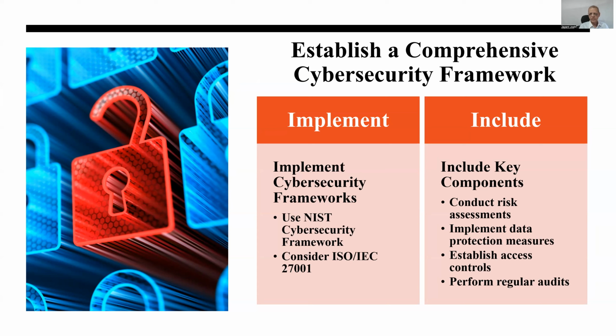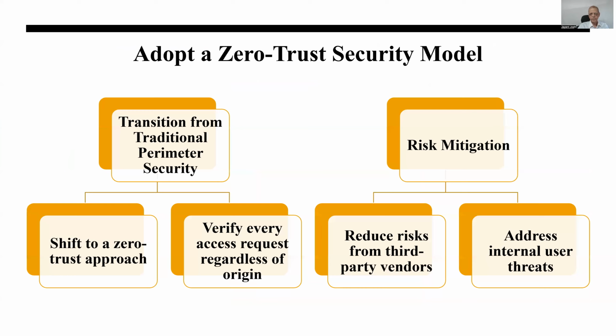Those are the things which we have to follow. And that includes key components: conducting a risk assessment on a regular basis, and security audits should be considered. Implement data protection measures, establish access control systems at each and every level, and perform regular audits.